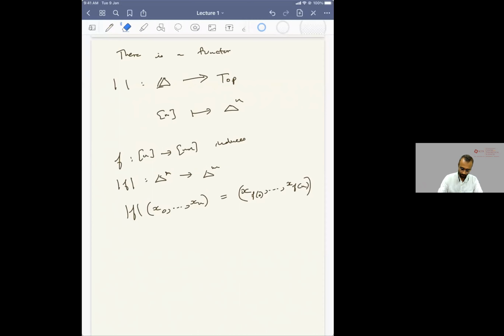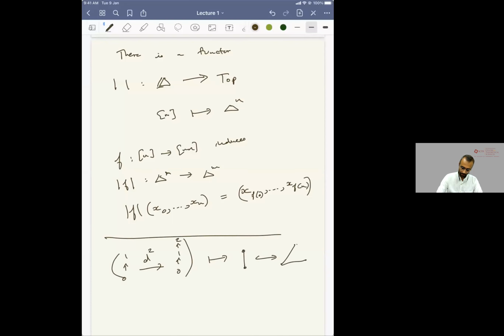So let me just show you some low dimension examples. If you take the inclusion of {0, 1} by d^2 into {0, 1, 2}, this should get mapped to a map between the geometric n-simplices, from the interval into the triangle.